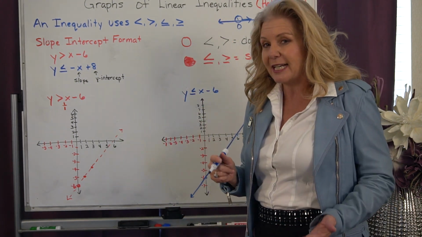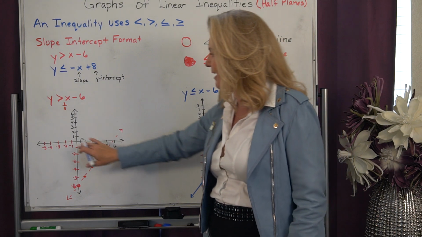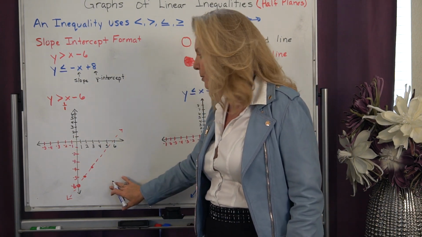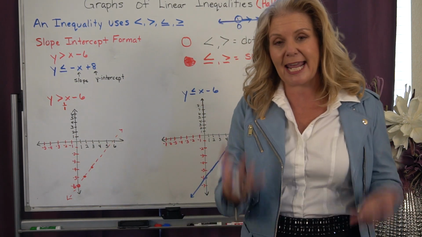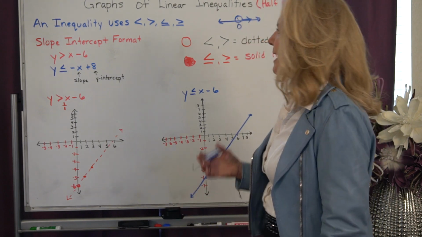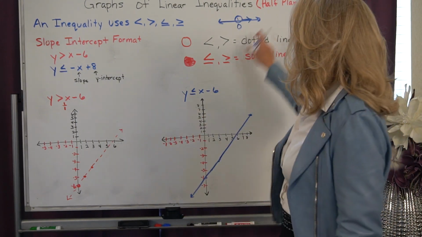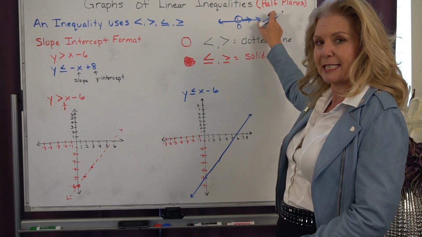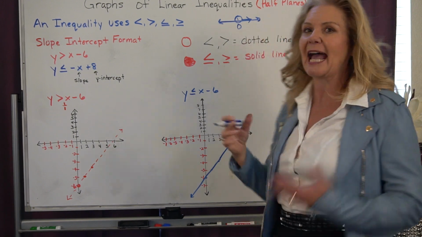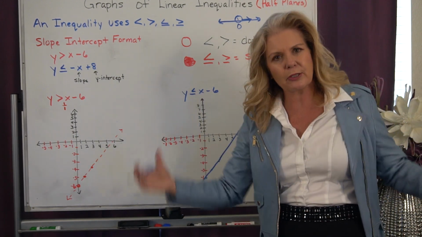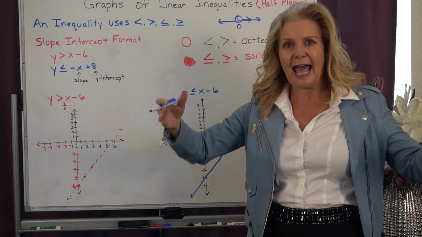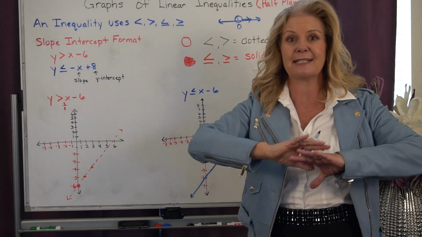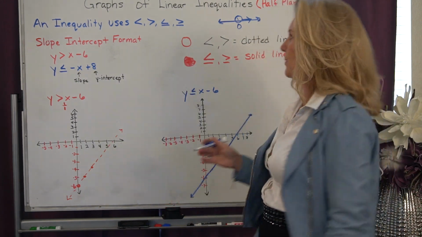And the infinite number of solutions can be found either above the line or below the line. And we shade in order to show that. And because we're shading, sometimes we call graphs of linear inequalities half planes, because we're literally going to color in half of that coordinate plane that contains all the solutions that we want.